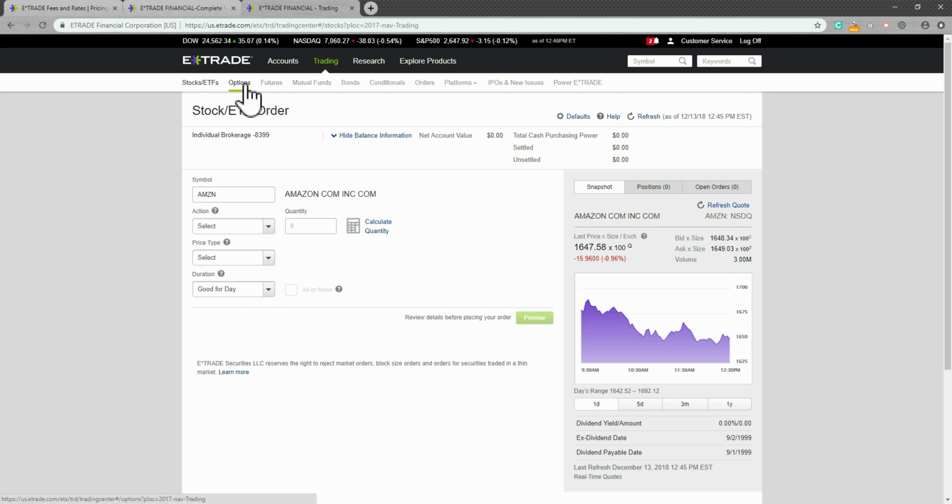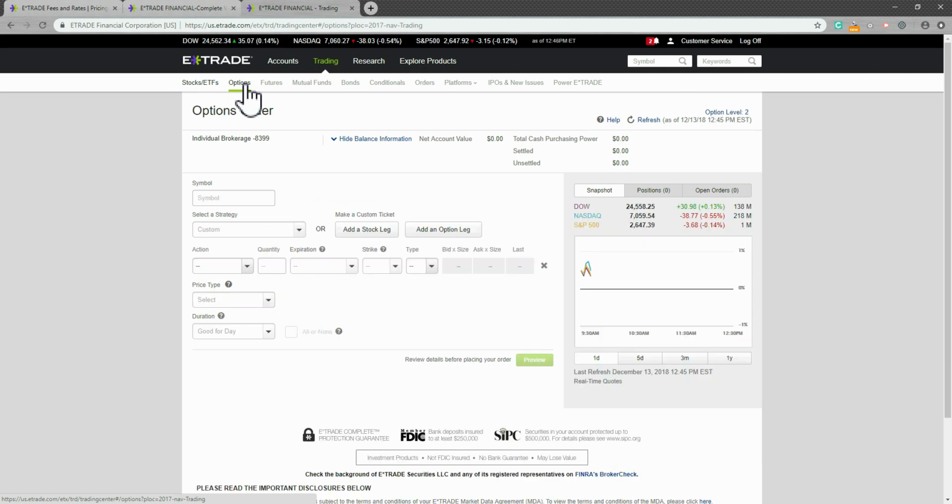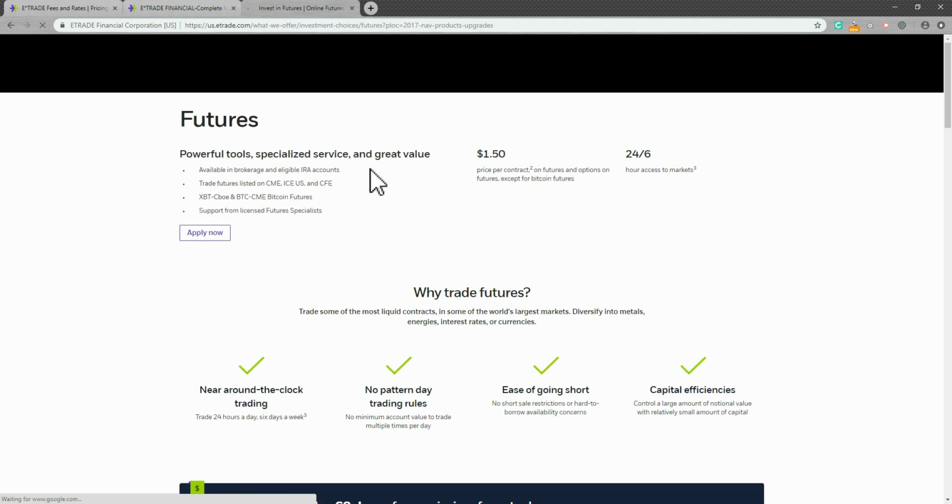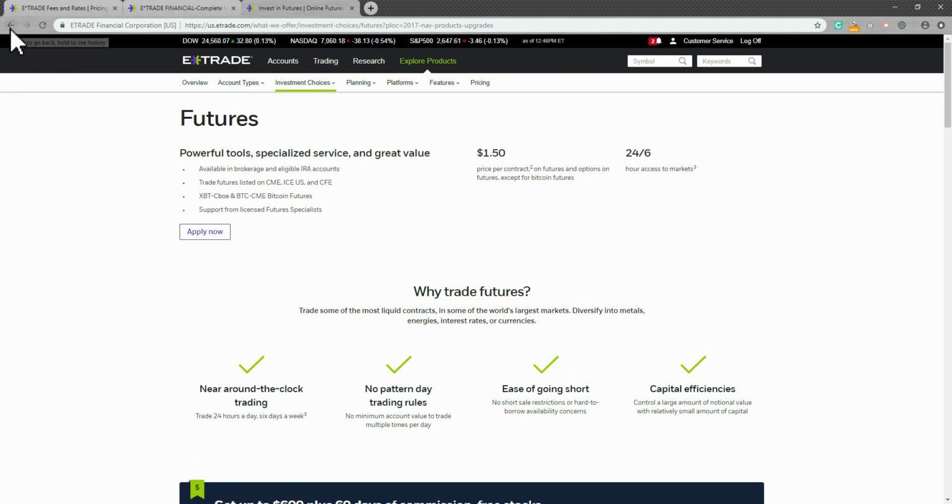If you were into options, this is where you would go. If you're looking to trade options and things like that, this is where you could find the information you need about the brokerages, as well as seeing what's available when it comes to options. Futures, if you're into investing in futures, is kind of a whole other conversation when it concerns investing.